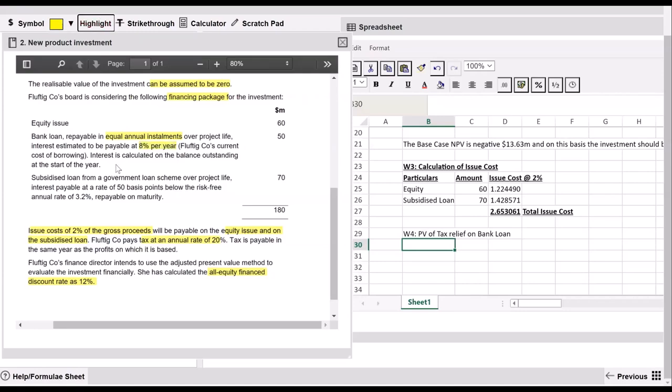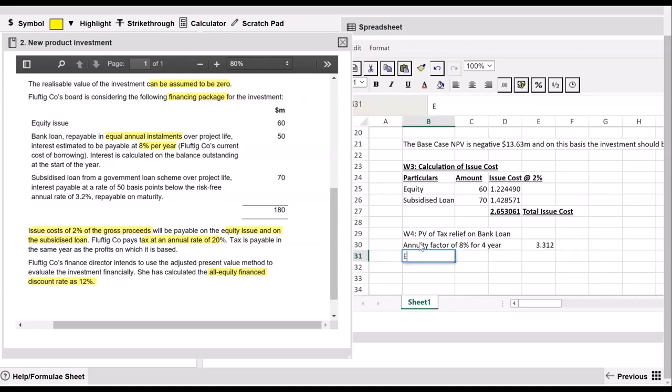The equal annual installment, how do we calculate it? It's going to be the loan amount divided by the annuity factor. So we need to look at the annuity factor of 8% for how many years? The annuity factor of 8% for 4 years, when you calculate, would be 3.312.